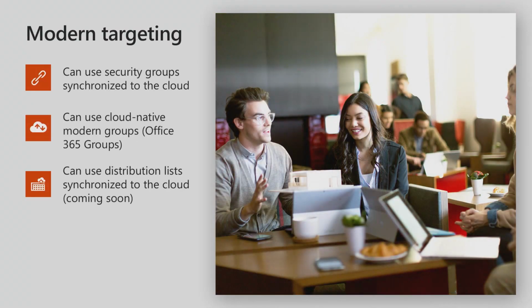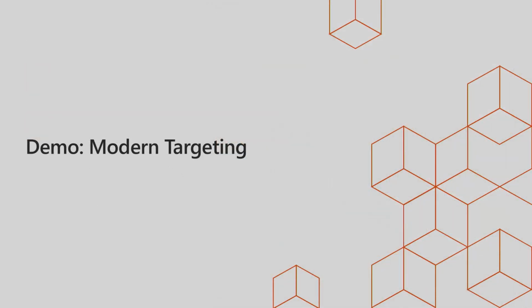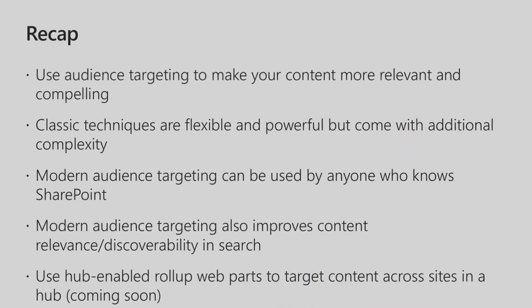All right, so like I said, you can use security groups, you can use cloud groups, you can use distribution lists. Awesome. I did the demo already. So to recap, audience targeting makes your content more relevant, more discoverable, more interesting, and the thing I left out is more discoverable.